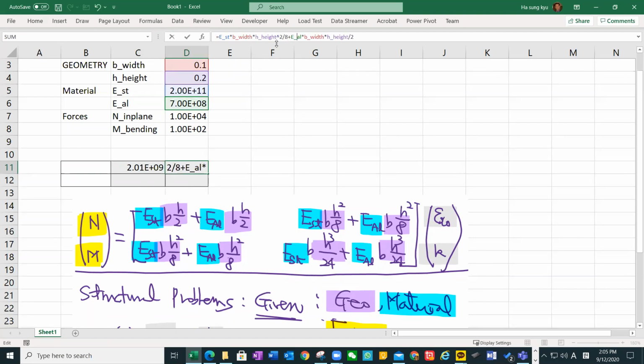And also, what is this? Second, B, H, and divide by 8, right?